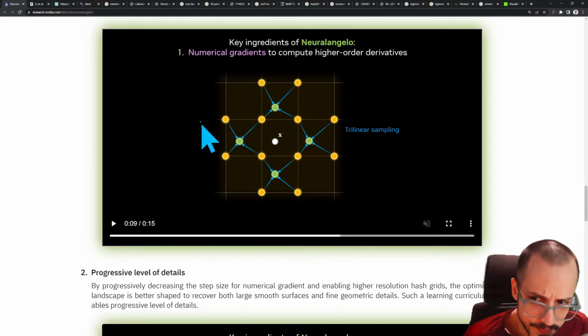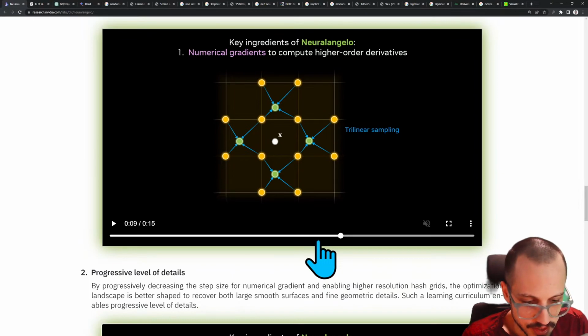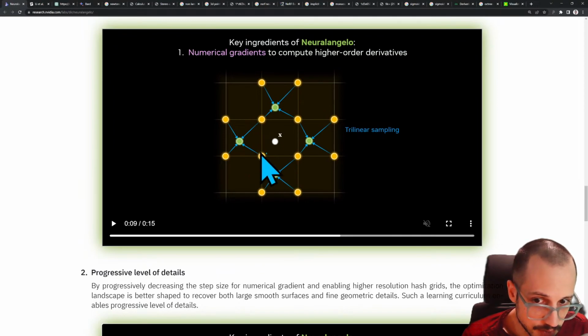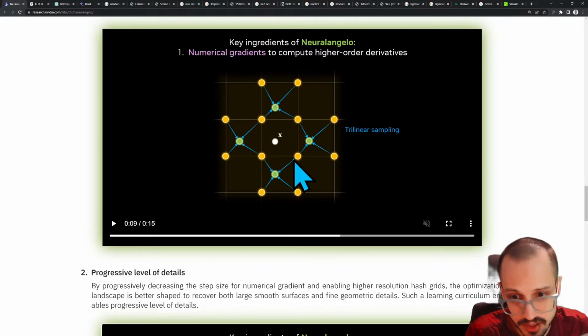Obviously, the coarser resolution grids are going to have a slightly different representation than the finer resolution grids. The finer grids are probably representing fine details, the textures, versus the coarser grids probably representing simple things like, is this occupied or is this not occupied?